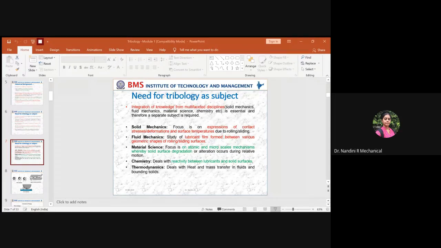There will be no uniformity in the quantity of pulp being added. When it rotates, it will pass through the rough, ruptured surface, so you will have a variation and increase in stress, and there will be chances of failure in getting the required quality of paper.